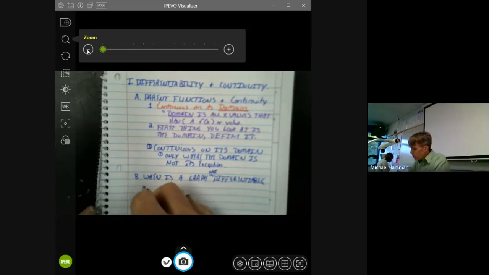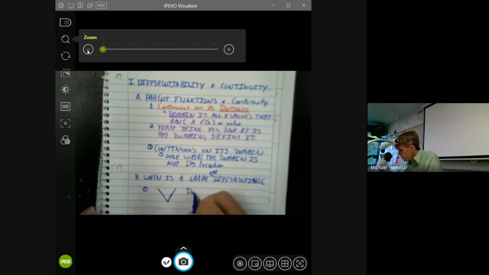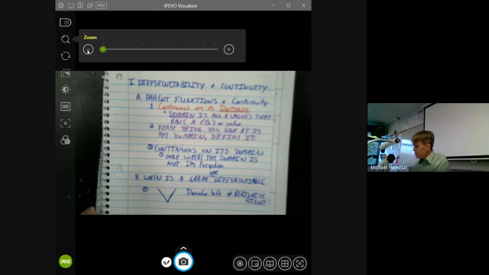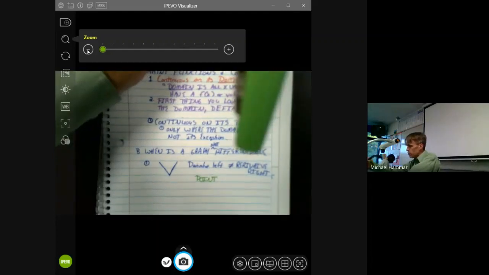The first one is when the derivative from the left does not equal the derivative from the right. Okay? Like in this case, this is called a point. So whenever you see a point on the graph, you know that that is not going to be differentiable.